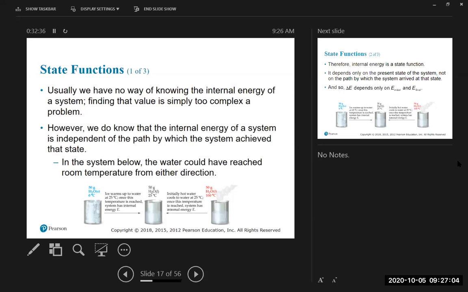And so the process from going from ice to room temperature water or boiling water to room temperature water, those are different, right? So if I had an ice cube and I wanted to get to 25 degrees C, would that process be endothermic or exothermic?